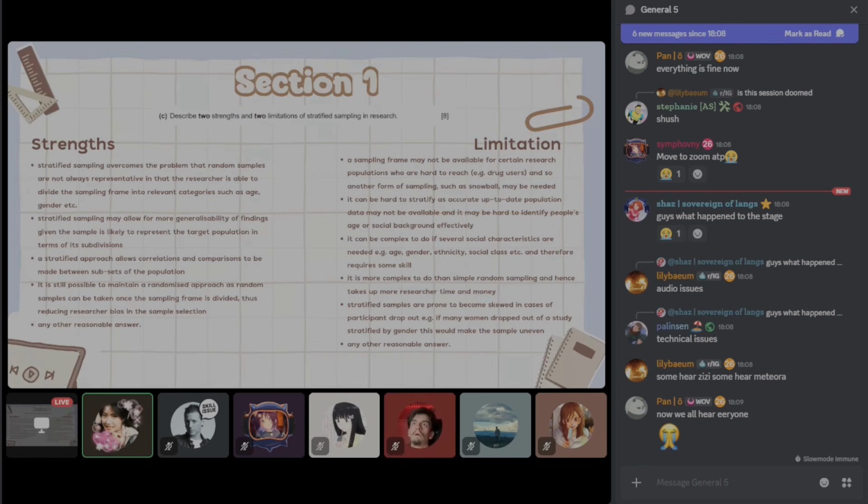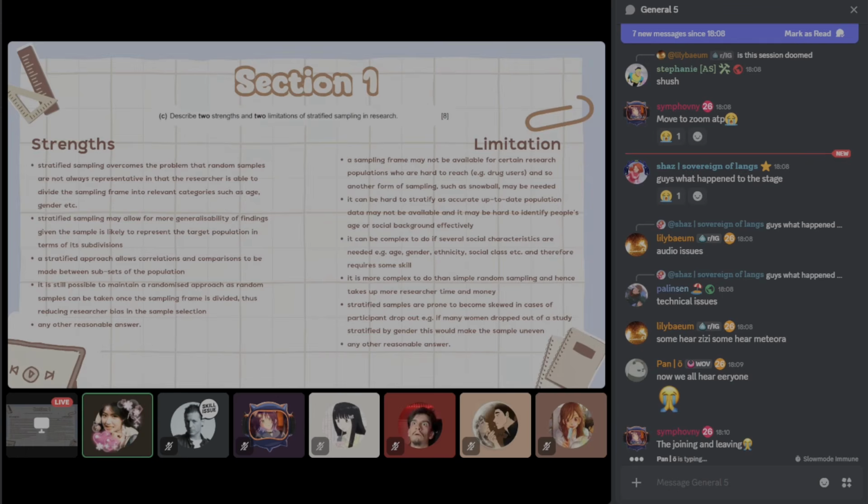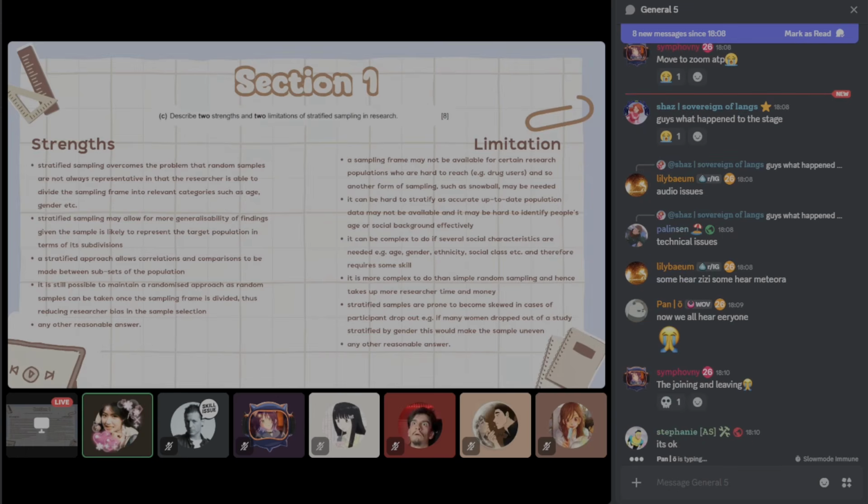It can be complex to do if several social characteristics are needed, for example age, gender, ethnicity, social class, and therefore requires some skill. It is also more complex to do than simple random sampling, and hence takes up money. Someone mentioned that. And lastly, stratified samples are prone to becoming skewed in cases of participant dropout. For example, if many women dropped out of a study stratified by gender, this would make the sample uneven.